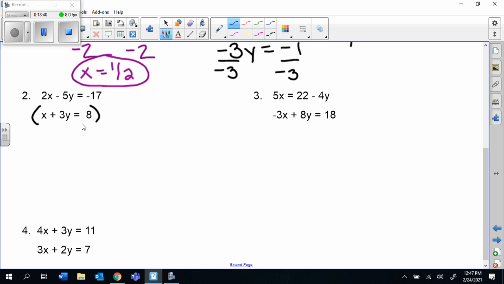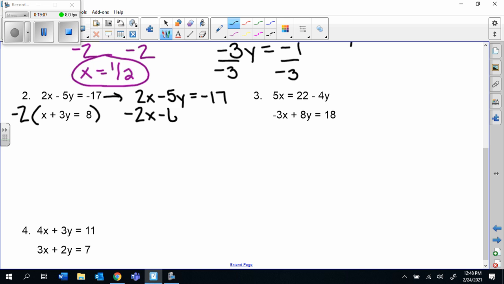You're allowed to multiply equations by any number or divide them by any number, as long as you do it to everybody. So we're going to take that entire equation and multiply it through by a -2. So this guy right here stays the same. 2x minus 5y equals -17. And this guy changes.